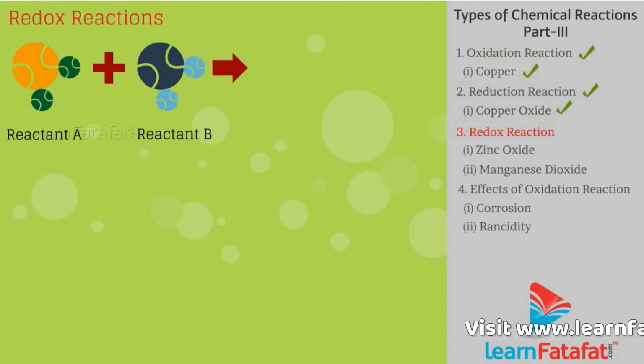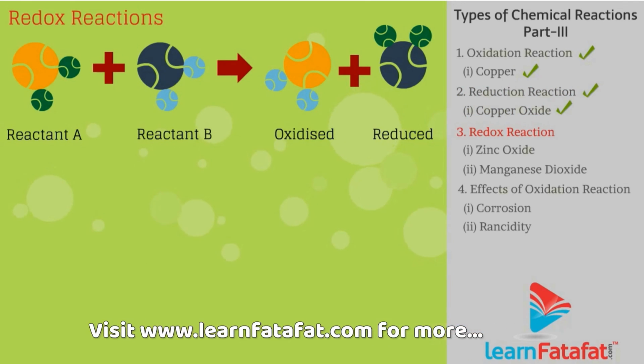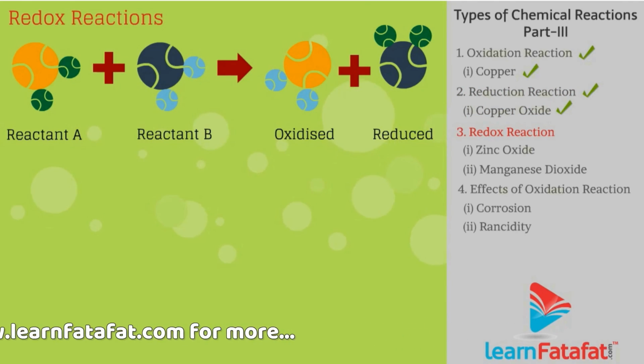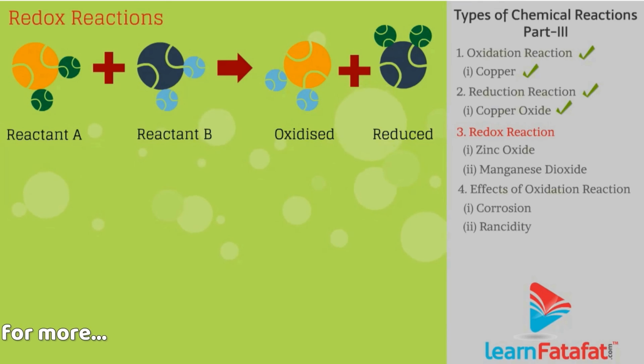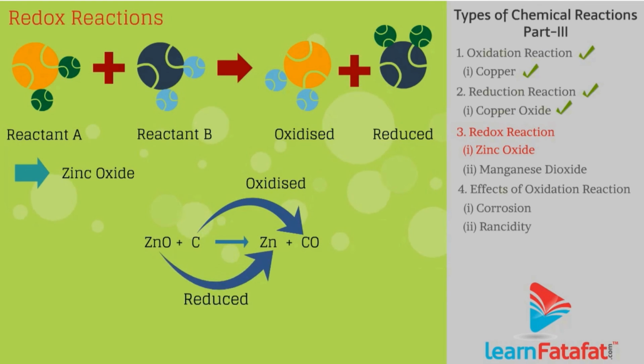Reaction in which one reactant gets oxidized while other gets reduced during a reaction are called as oxidation reduction or redox reactions. For example, zinc oxide. ZnO plus C gives Zn plus CO. In this reaction, carbon is oxidized to CO and ZnO is reduced to Zn.